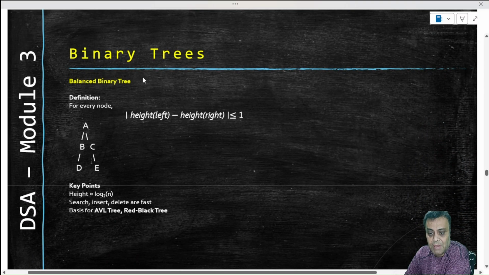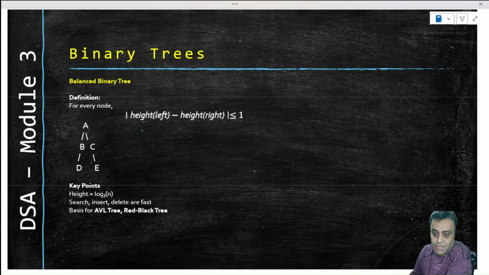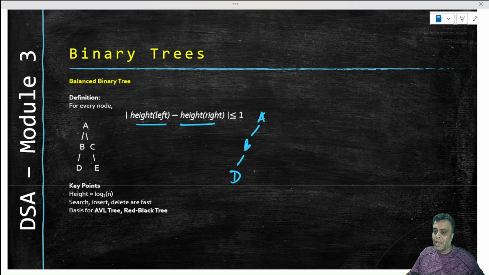Then we also have a balanced binary tree, in which if we take the modulus of the difference of the heights of the left and the right tree, then we get something which is less than or equal to 1. So let's say the left tree from A looks like this, and the right tree from A looks like this. What is the height of the left tree?